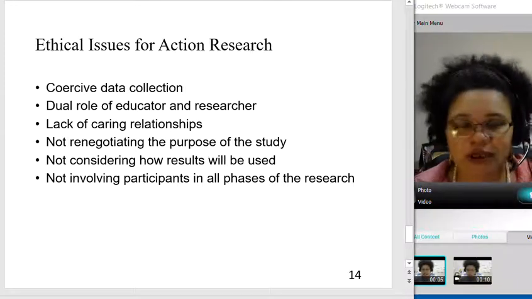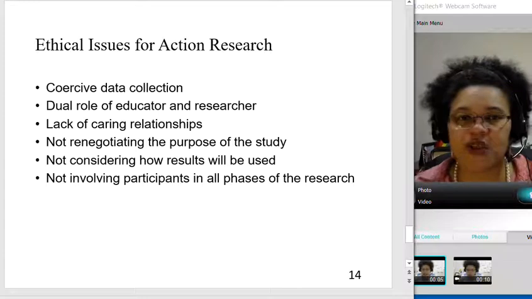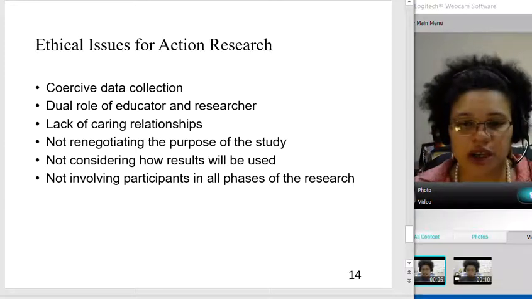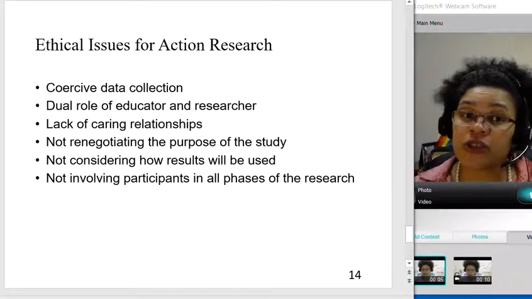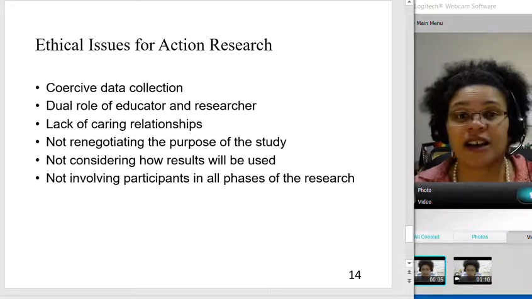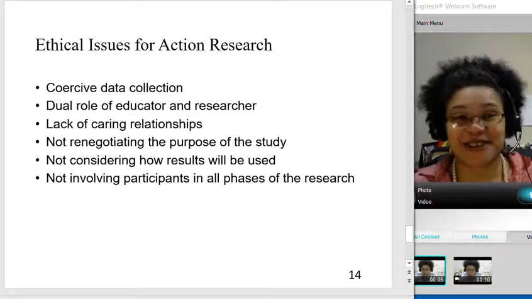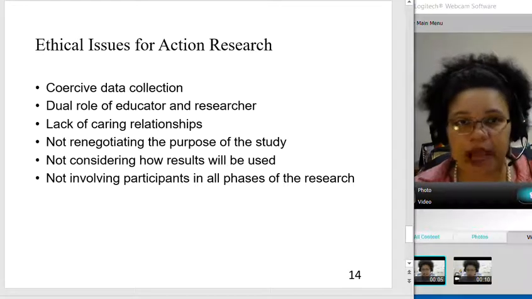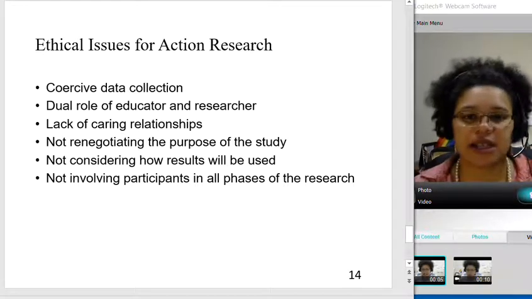Hopefully, they're not being researched on so much as researched with, but that's an important consideration. What's the purpose of the study and how will the results be used? Are the results only going to be used so that the student researcher can get their homework done and get their grade for their research class? Or will the results be used in some way that's going to benefit that population that's being studied?